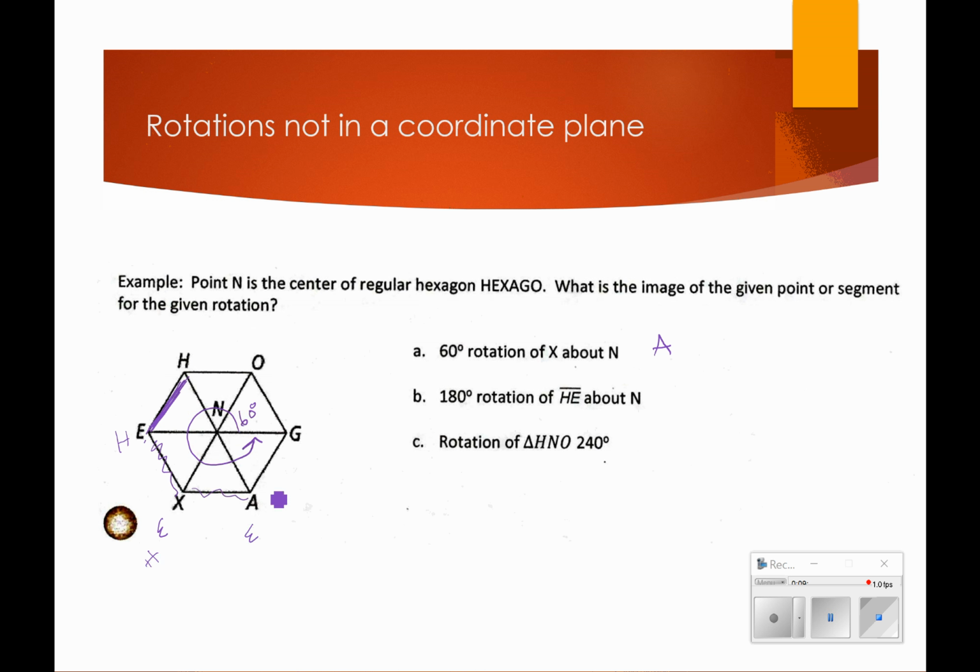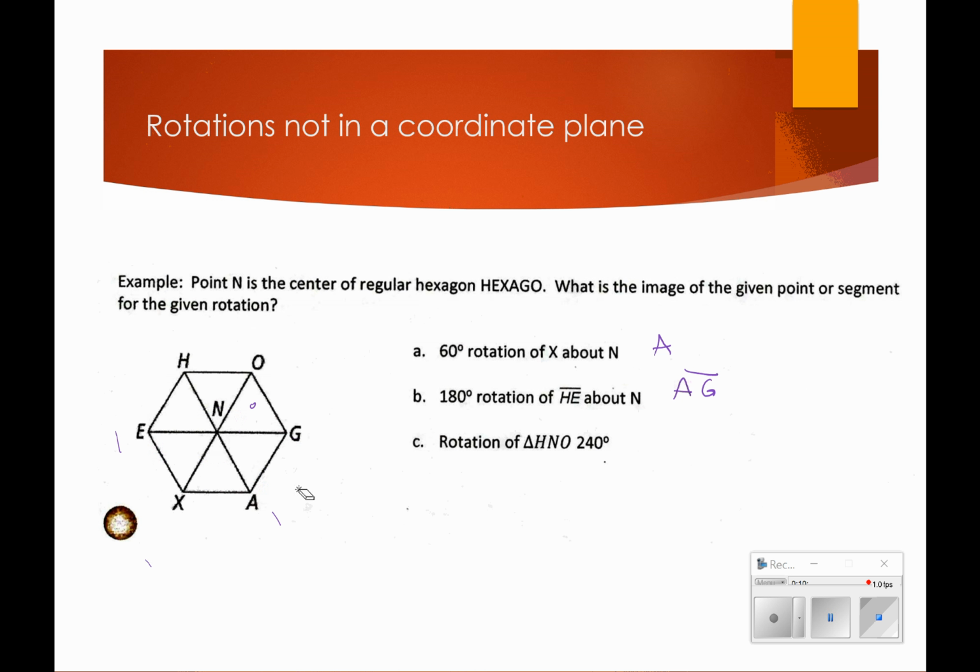And if I would go one more, H prime, E prime would go there. So it's going to be about AG. Oh, the order needs to be correct.